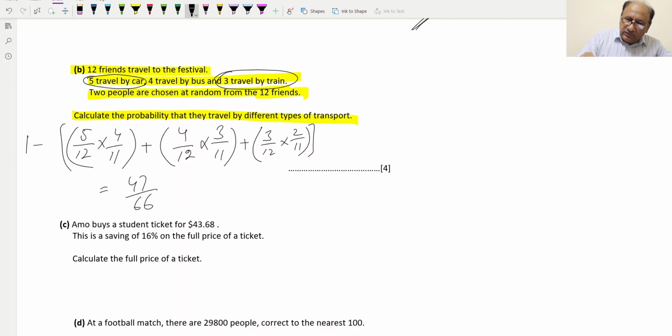This will be the final answer for 4 marks.